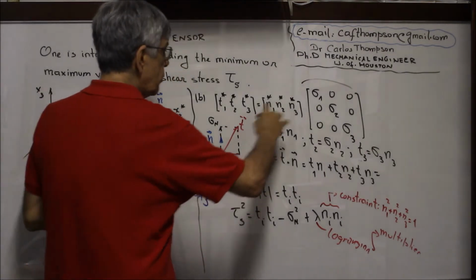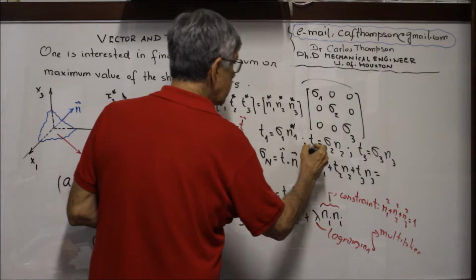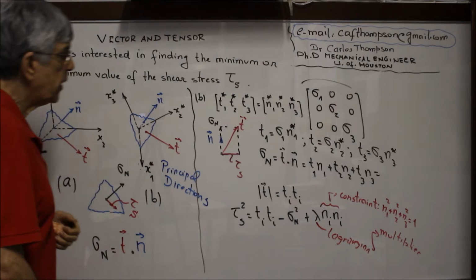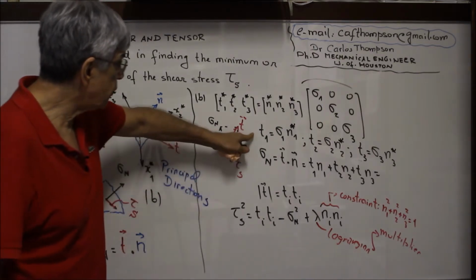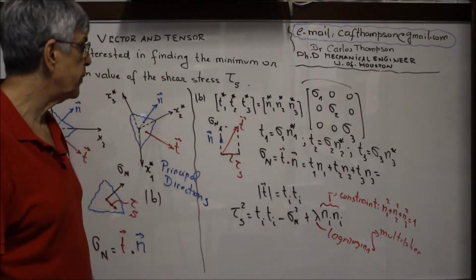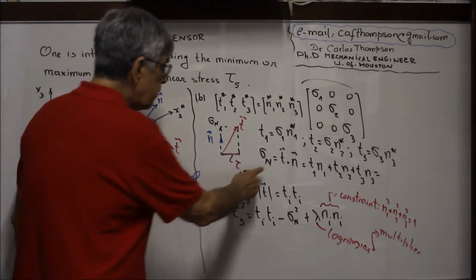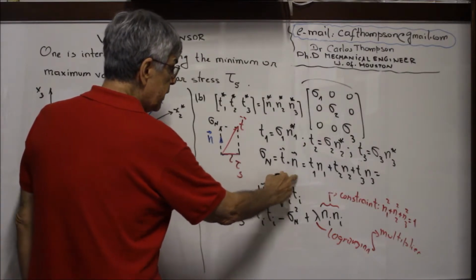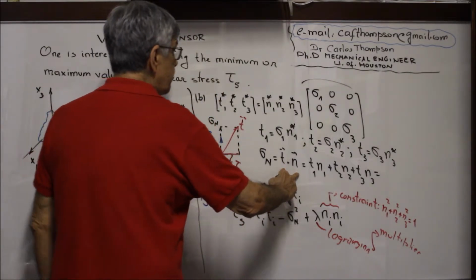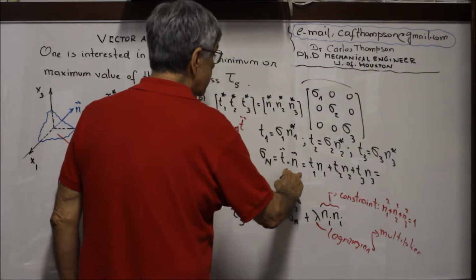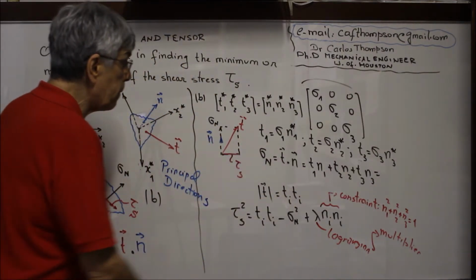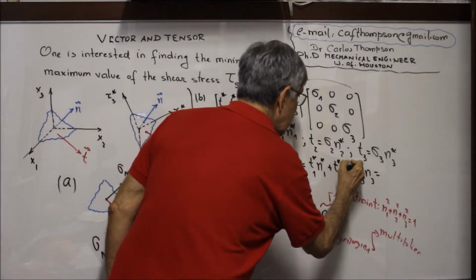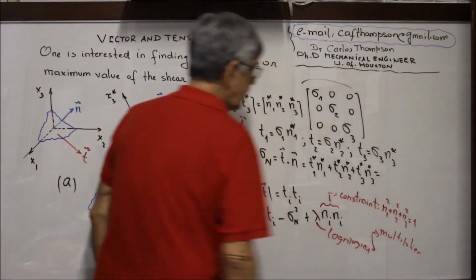So now we can multiply here. This will be like this. You see, the expression for T1, T2, and T3 is much simpler. Now sigma n is t dot n. I don't put an asterisk here, neither here, because they don't depend on the coordinate system, but the components, yes.